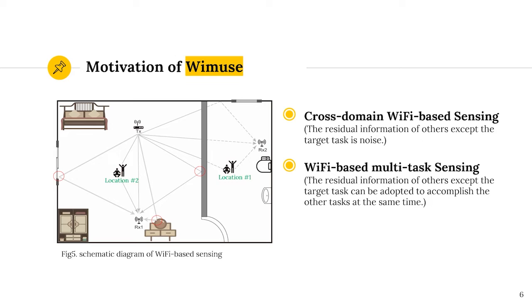On one hand, the residual information is noise for human behavior recognition, so there is a lot of research on cross-domain or robust Wi-Fi-based sensing methods. On the other hand, in our view, the residual information can be useful for accomplishing multiple sensing tasks simultaneously.